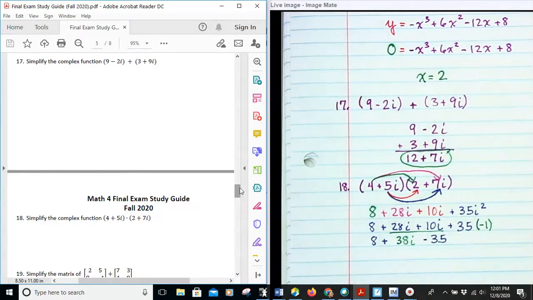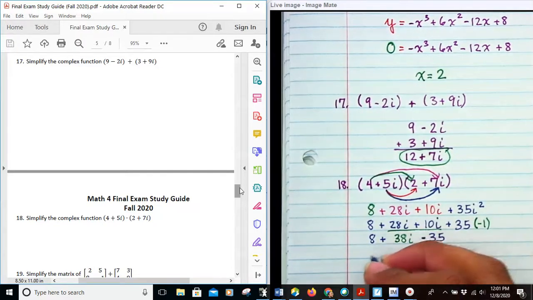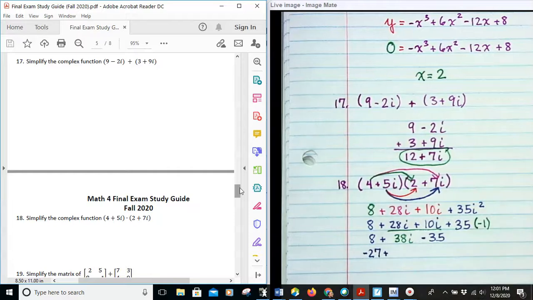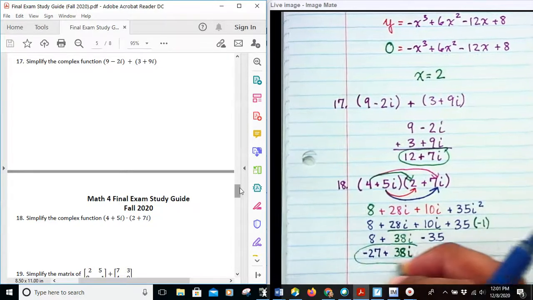All right, and then last but not least, go ahead and combine -35 and 8. This is a -27 plus 38i. Hey, all right, cool. So that is our answer, guys.